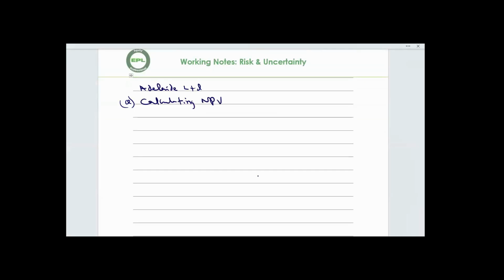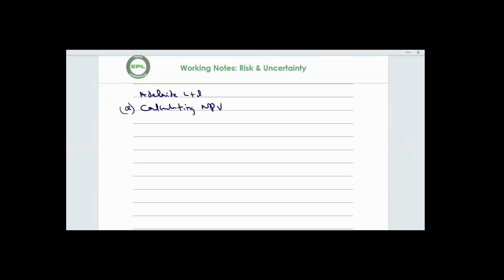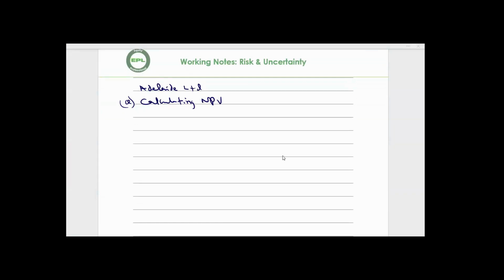What kind of NPV do you want to calculate? Pay attention, please. According to the question, we are to calculate NPV. You will notice that in this question, you are given probability, you are also given cash flow. It means that you need to calculate expected value. So you are going to calculate expected revenue. You also calculate expected running cost. You then use your expected value to go and calculate the NPV. So that will give us expected NPV. All right. So that's how we are going to answer requirement A.